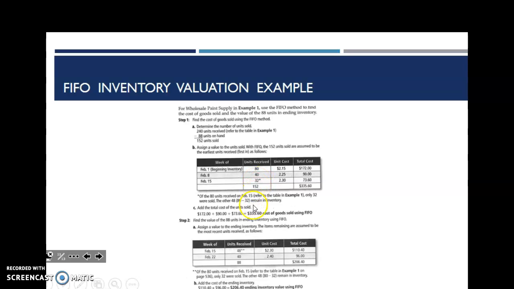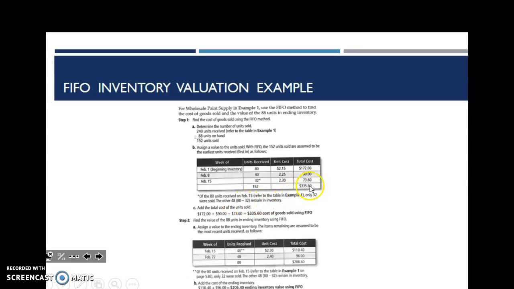You have sold part of them, and you still have some in inventory. So you have only sold 32 out of the units received for February 15th. But your total cost for sales was $335.60. So of the 80 units received, the other 48 are remaining in inventory.